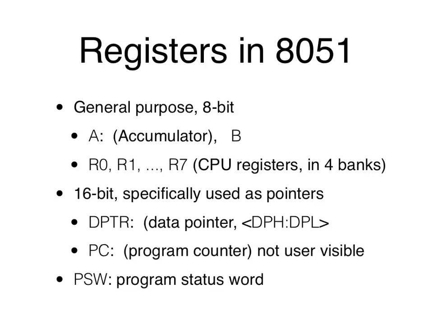Now, there's also PC for program counter. You can't really directly set the program counter, but you can affect it in a special way using a jump instruction or return instruction that causes the program counter to be loaded with a particular address that you want, and that's where you're running, right? It points to the current instruction that you're executing.